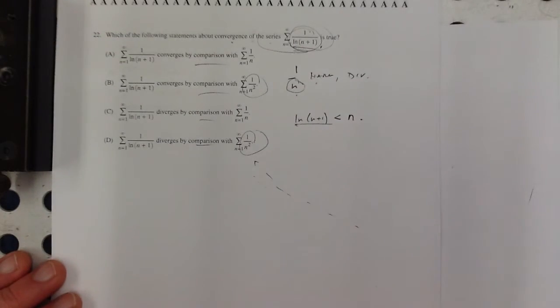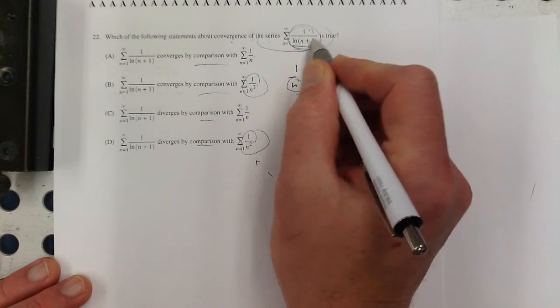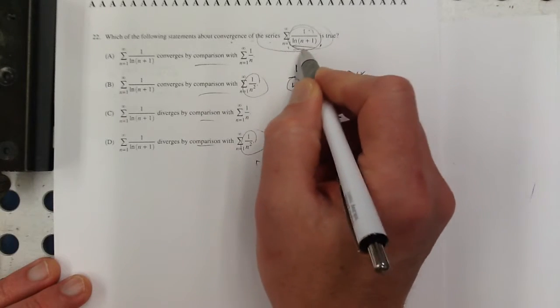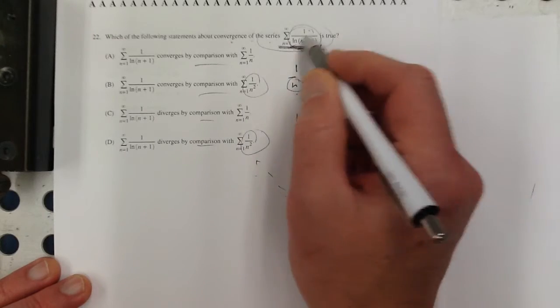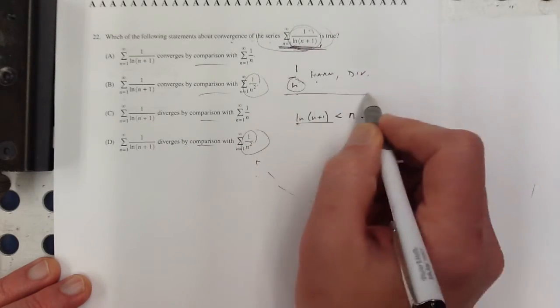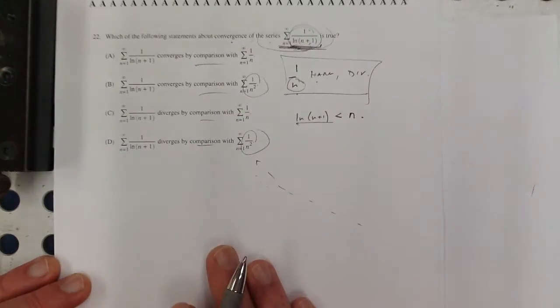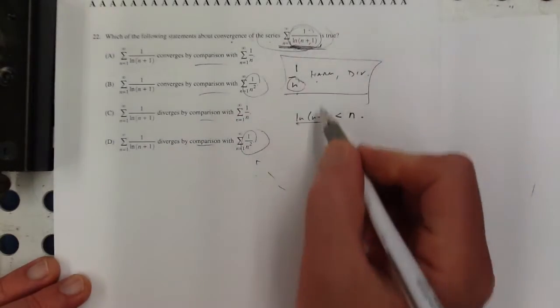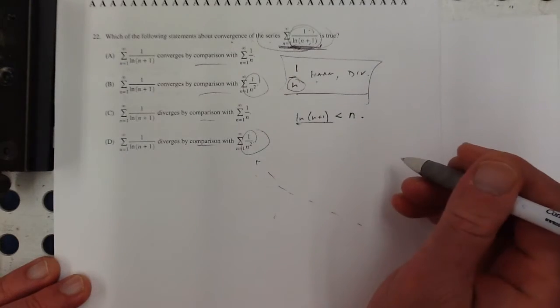This one here, if you think about what's going on, what you would like to be true, hopefully you're thinking a little bit about the harmonic series and how this compares to it. And you know that taking the natural log of numbers makes them smaller.